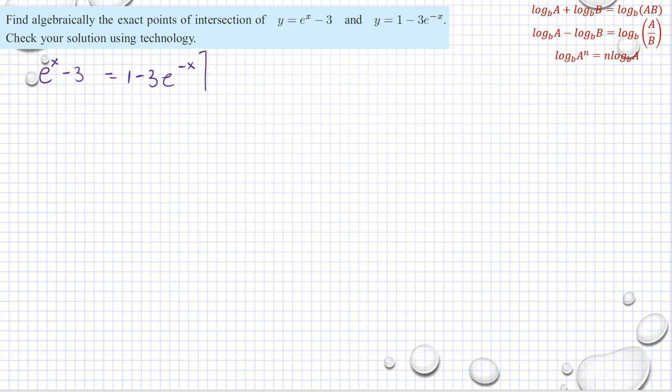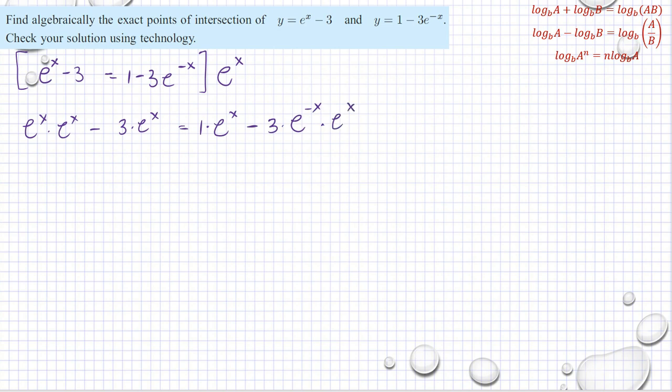So I'm going to multiply all the terms of the equation by e raised to x. Then I have e raised to x multiplied by e raised to x, subtracted by 3 multiplied by e raised to x, is equal to 1 multiplied by e raised to x, subtracted by 3 multiplied by e raised to negative x multiplied by e raised to x.